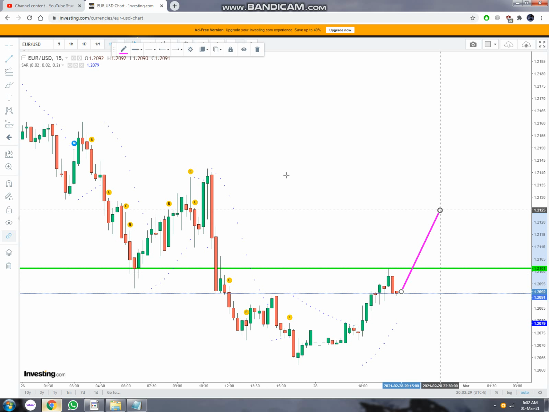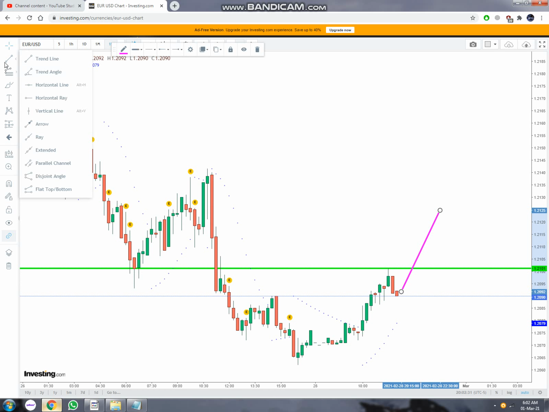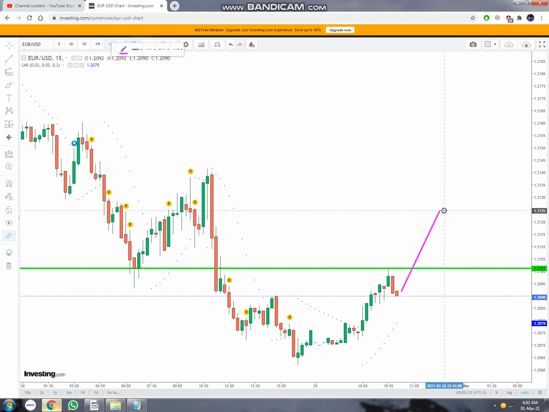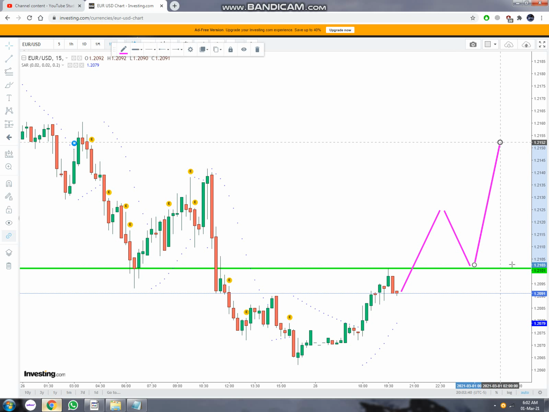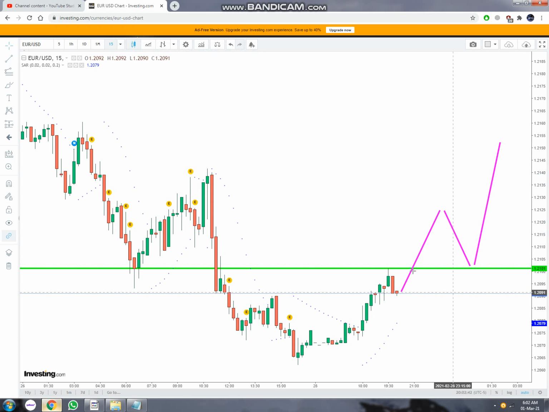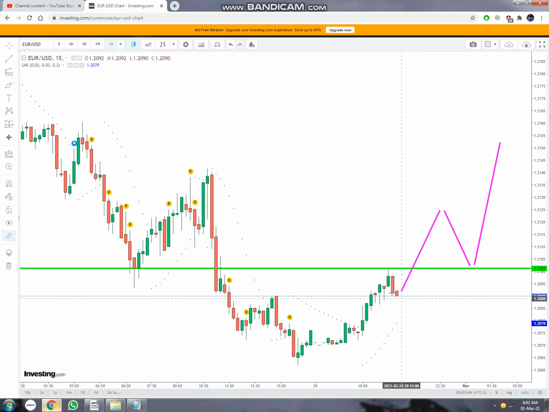It came like this, touched this trend line, and traded like this. So this particular area is known as break and retest strategies. This is the break area and this is the retest area.